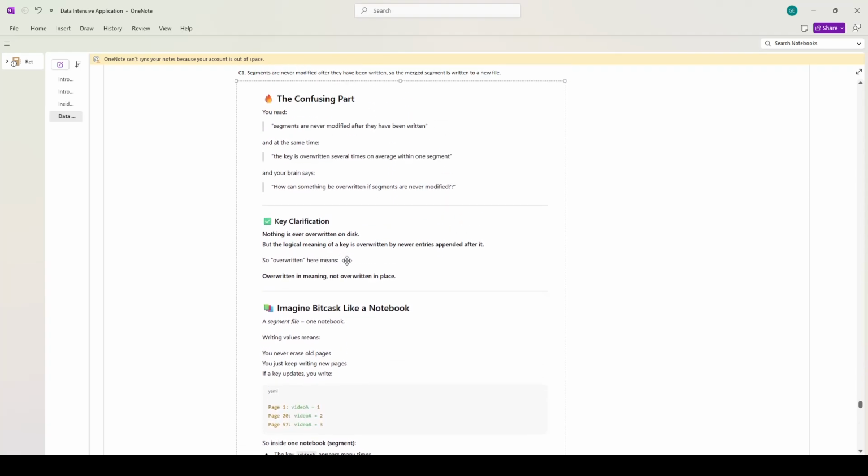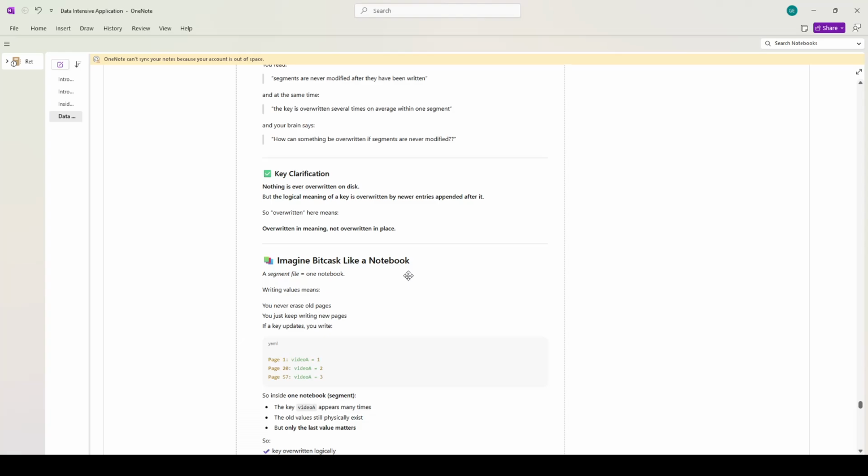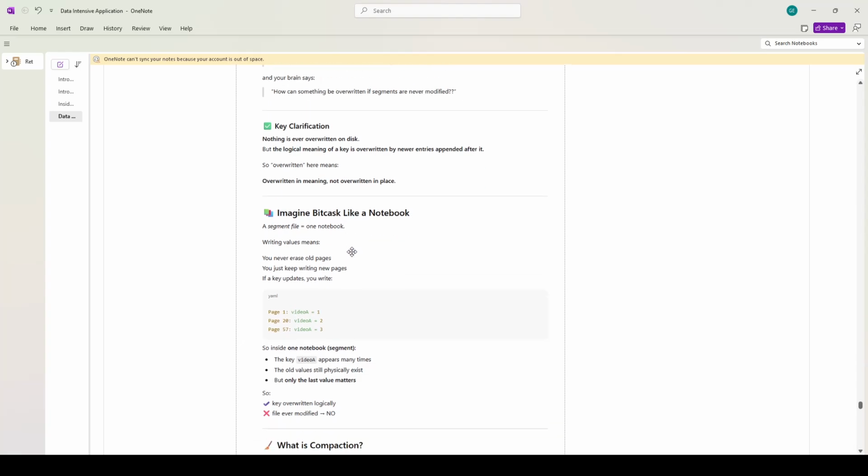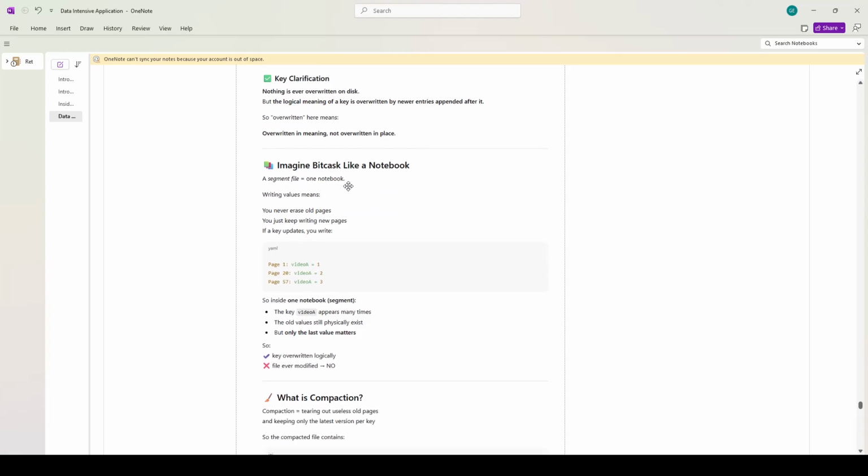Key clarification: nothing is ever overwritten on disk, but the logical meaning of a key is overwritten by newer entries appended after it. The logical meaning, such as the new merged segment after we compact it and prune the duplicates, is the new logical meaning. So overwritten here means overwritten in meaning, not overwritten in place.